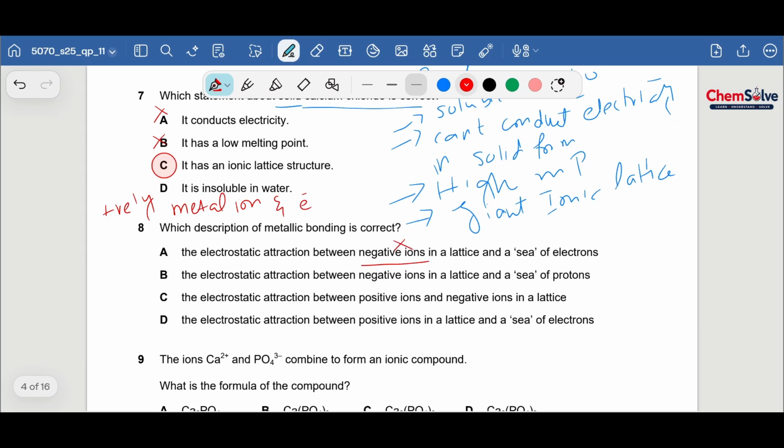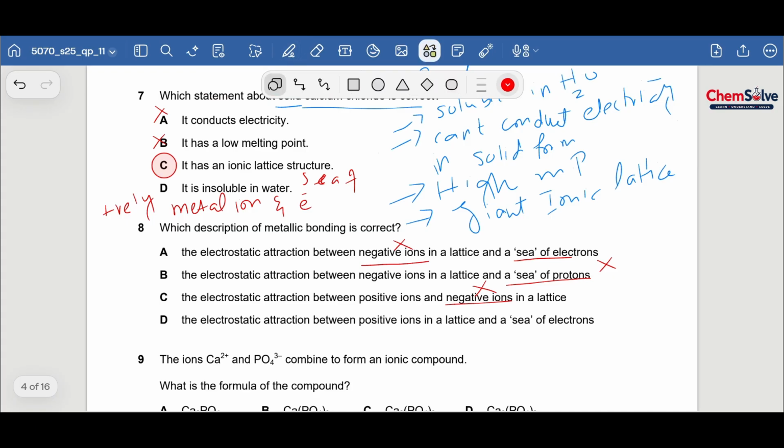No, not negative ions, between electrons. Electrostatic attraction between negative ions in a lattice and sea of protons. No. The electrostatic attraction between positive ion and negative ions. No. The electrostatic attraction between positive ions in the lattice and sea of electrons. Yes. So our correct option would be D here.